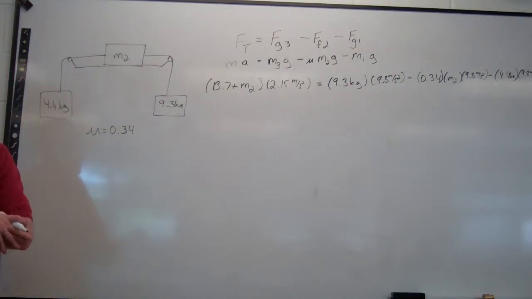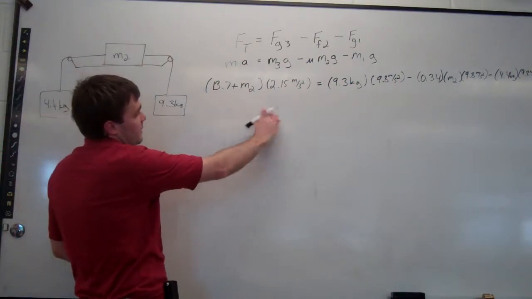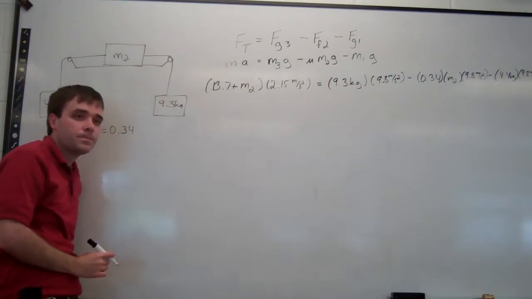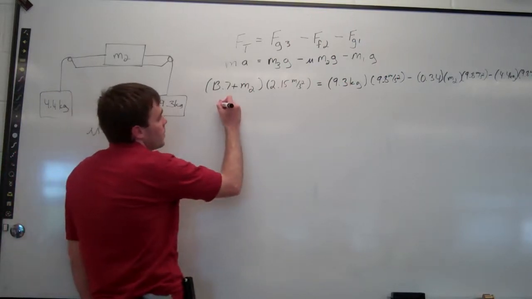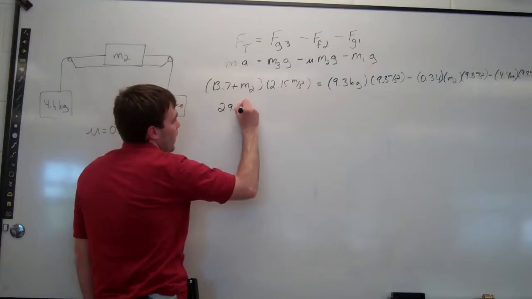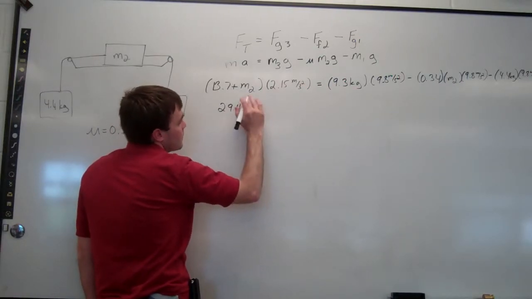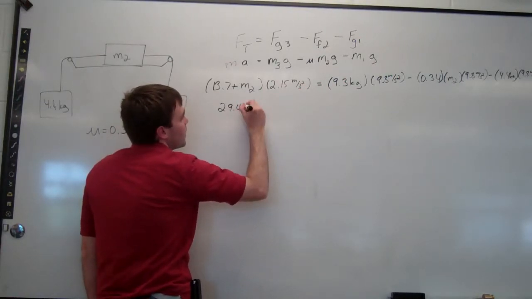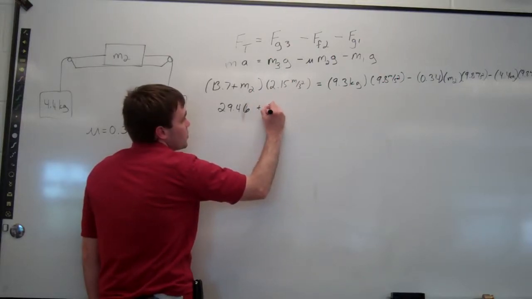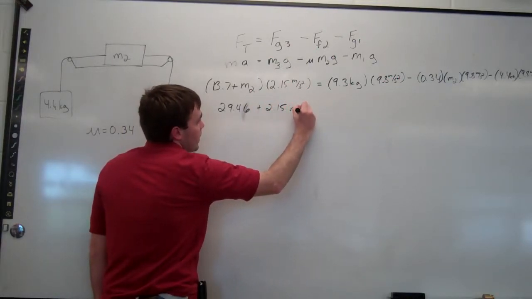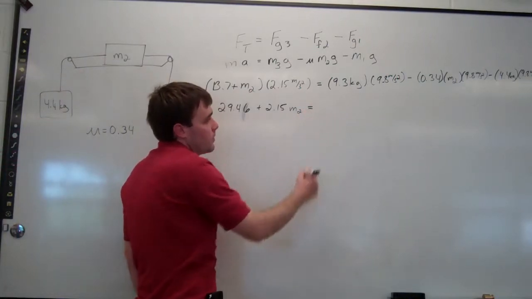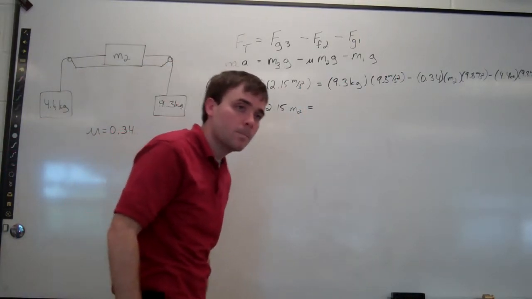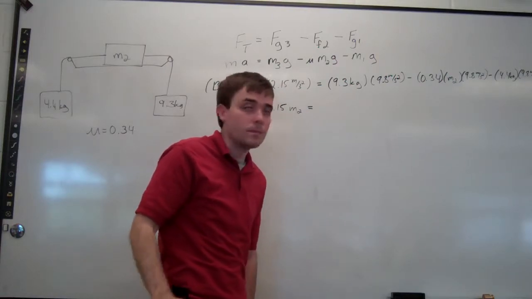Okay, I'm going to do this math with you guys because we're already messed up on these problems. What's 13.7 times 2.15? 29.46, plus 2.15 m2. That equals, what's 9.3 times 9.8? 91.14.